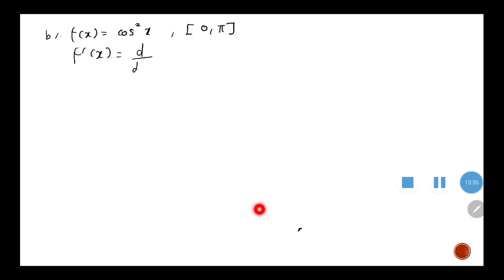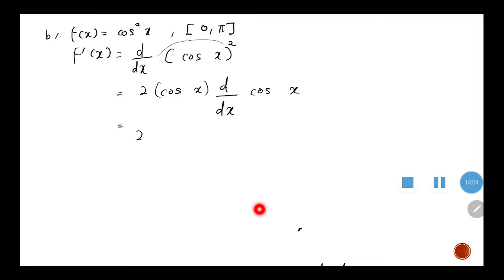To differentiate here, this cos square x means everything is squared, including the x. So do it like this, and then 2 brought to the front, and then d/dx of whatever function in the bracket. So derive cos x, what you will get? Minus sin x.